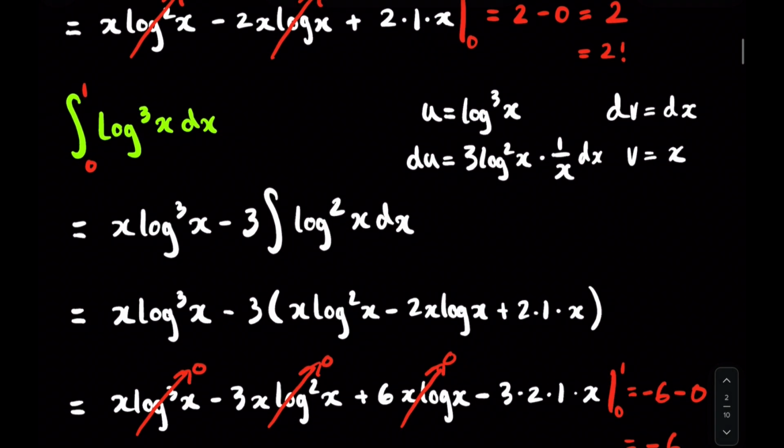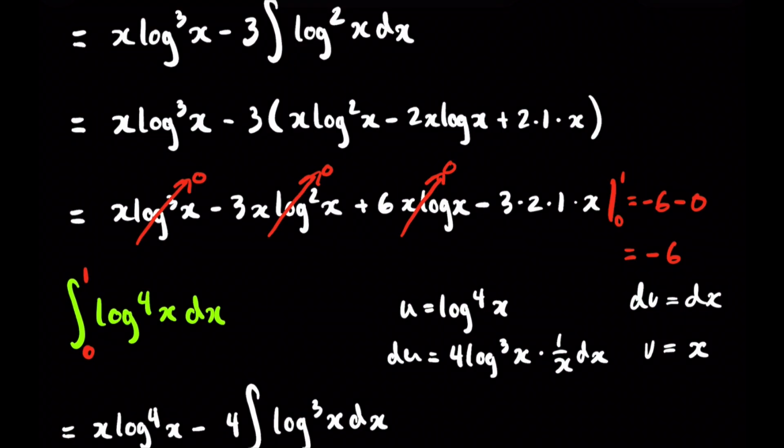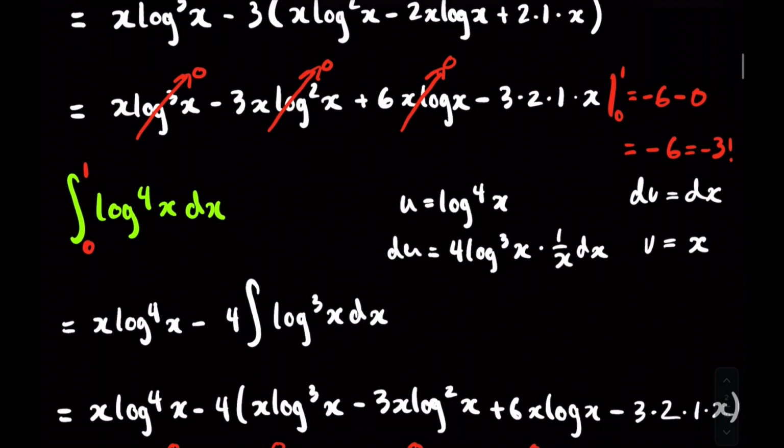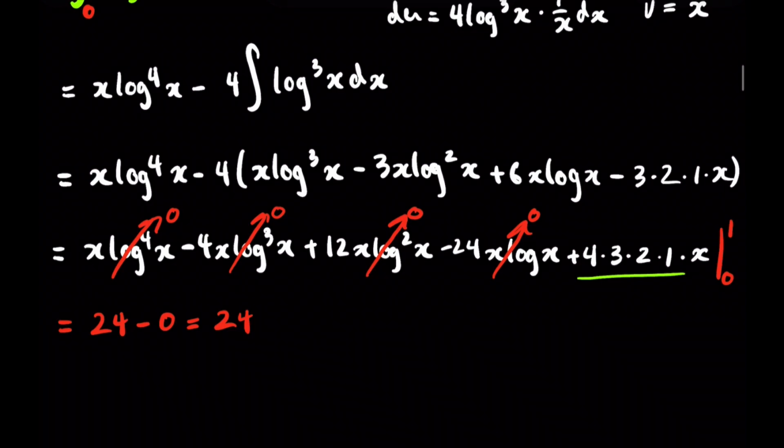We see that the integral from 0 to 1 of log cubed of x is negative 6. In other words, negative 3 factorial. And we can see that the integral from 0 to 1 of log to the fourth of x is just 4 factorial.